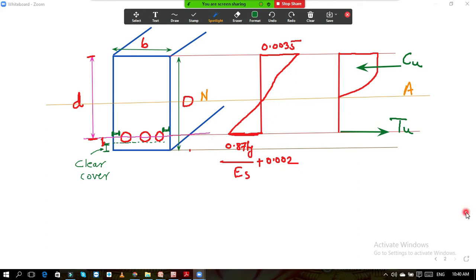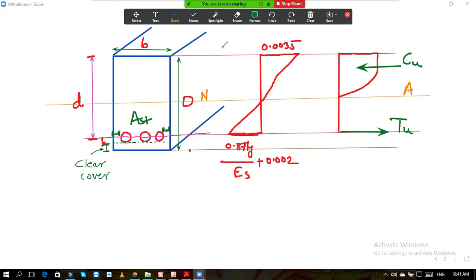The strain above the neutral axis, this all area, is your compressive strain, the area of compressive force. Below the neutral axis where the steel is provided, this is your area of steel, AST, the area of the steel which is provided to resist the bending moment.